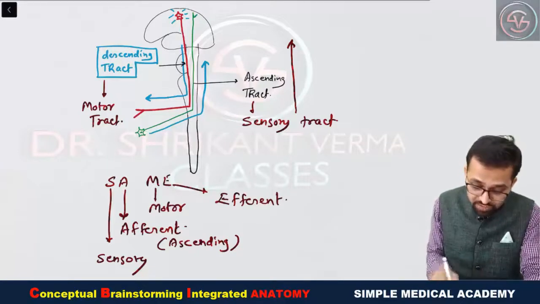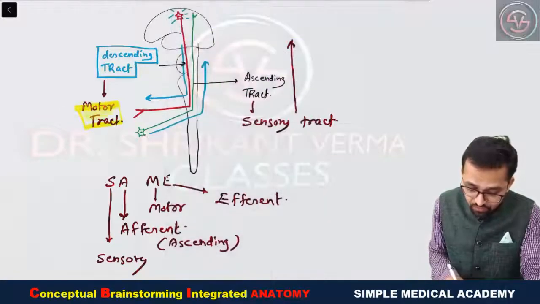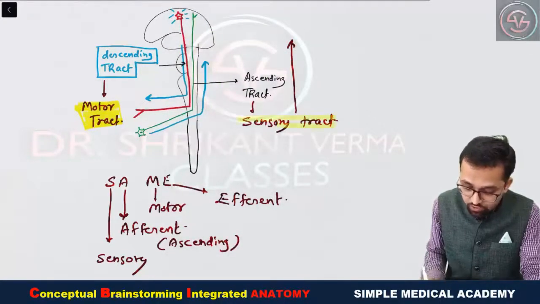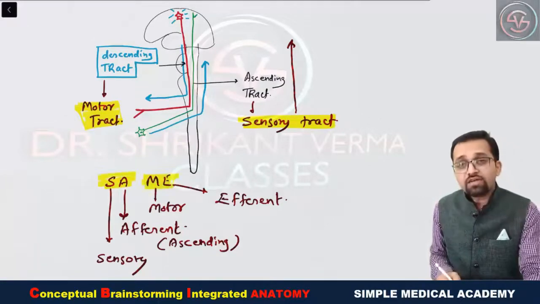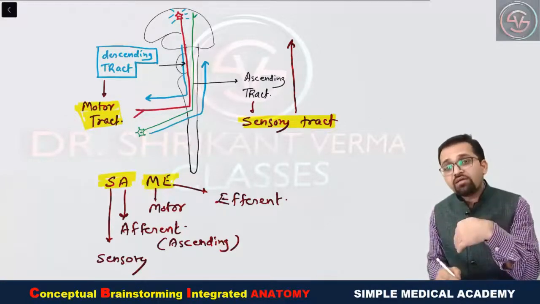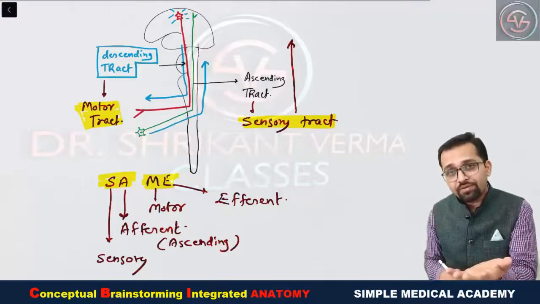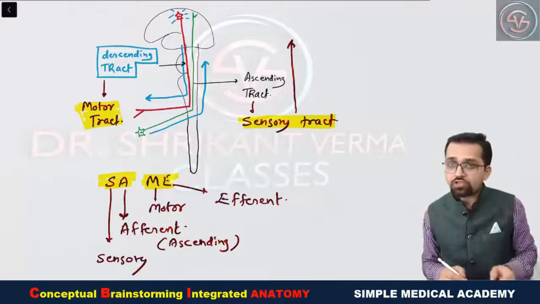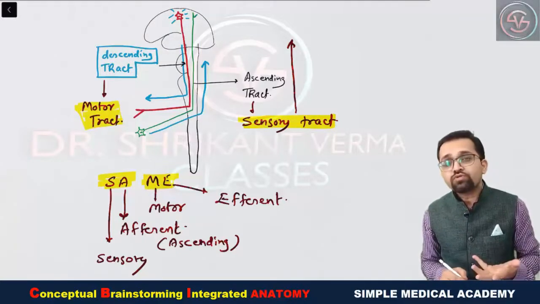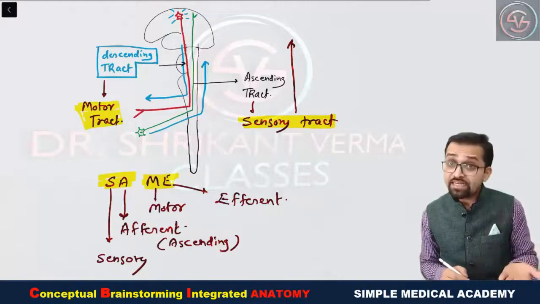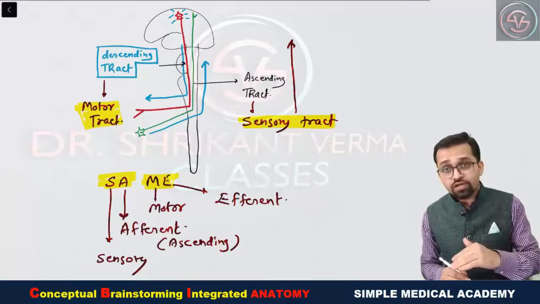So the motor tracts are also known as efferent tract, while the sensory tract are also known as afferent tract. So remember, this is one another trick. Otherwise afferent means ana, efferent means jana. A for afferent, A for ana. So you can remember in such simple way also. Okay, so now we are going to see what are the various kinds of the ascending and descending tract, sensory or motor tract.